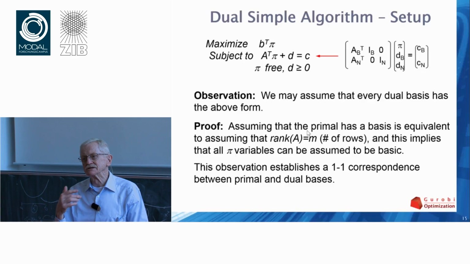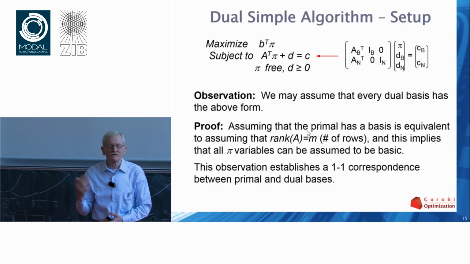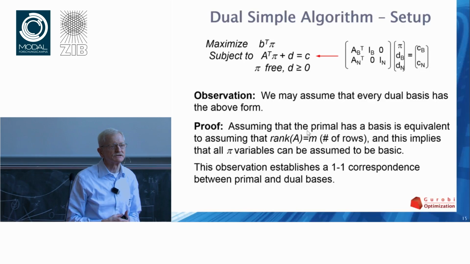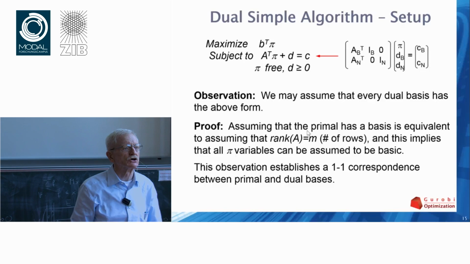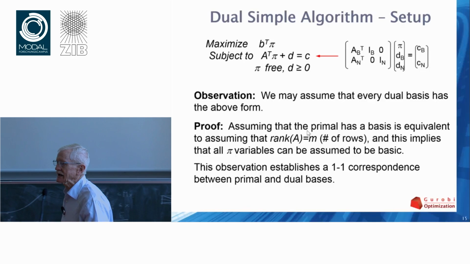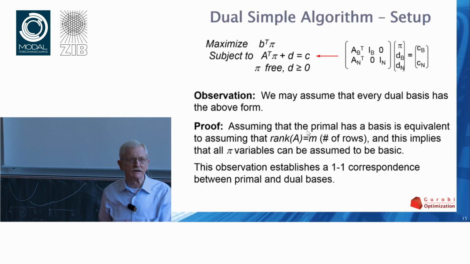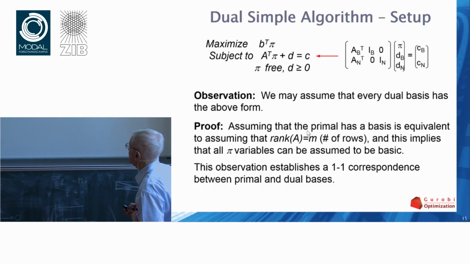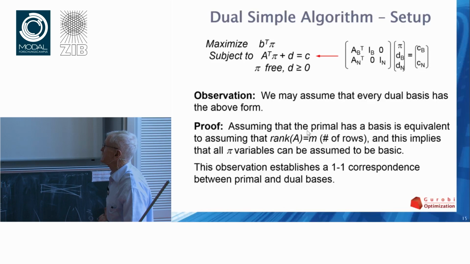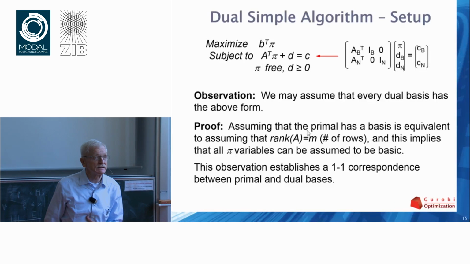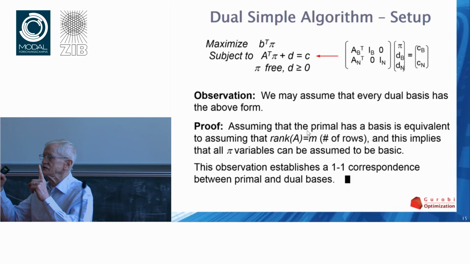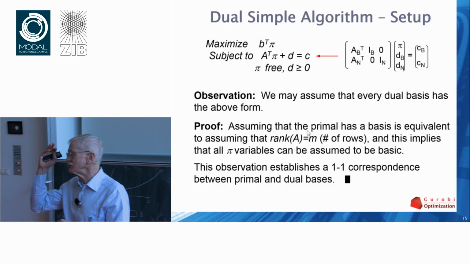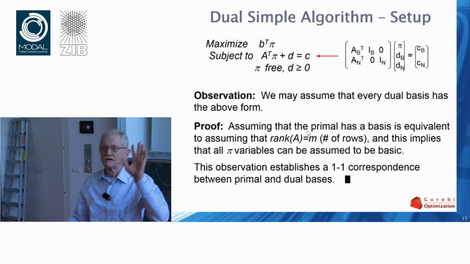So that, if you will, is the essence of a not so difficult proof, if you wrote the details, that you can assume all the pi variables are in any basis that you actually need to look at, even though there might be other bases. And this is the foundation of the dual simplex algorithm. Namely, we can assume there's a one-to-one correspondence between primal bases and dual bases.